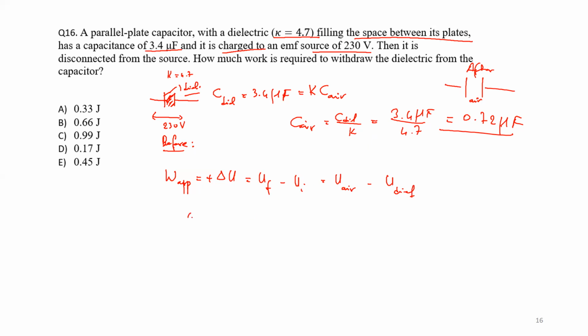So what is UA? UA is very simple. When I'm removing the dielectric, because I'm disconnecting it, the charge is conserved. So here, let me say charge before is equal to charge after. So UA, and I can just call it Q. UA will be just Q squared divided by 2CA. But what is Q? Well, Q is the Q before.